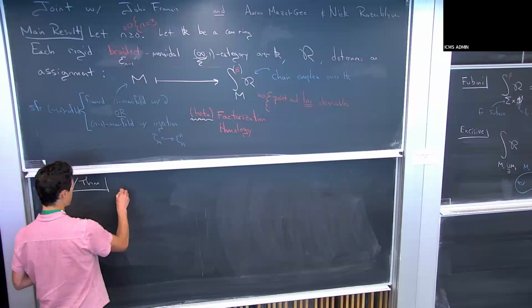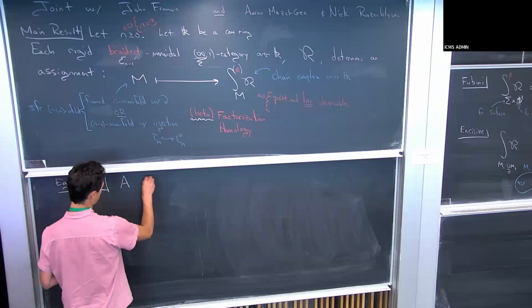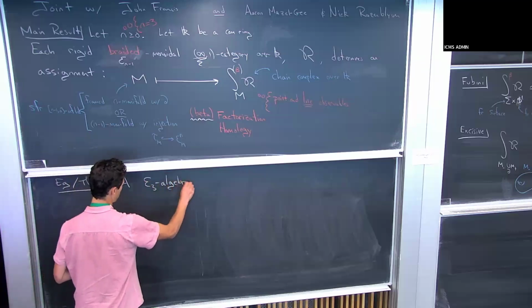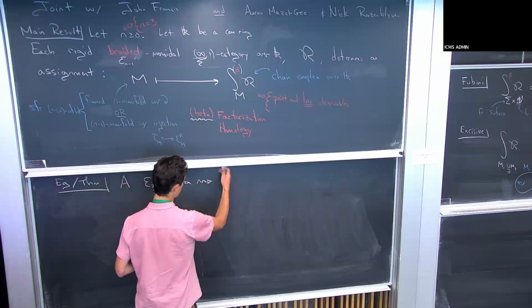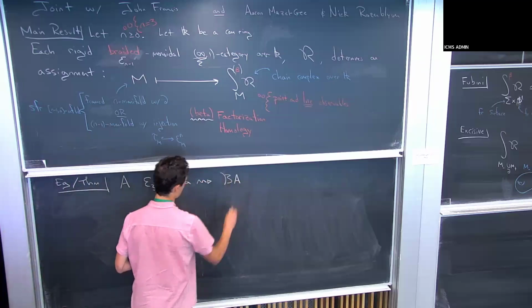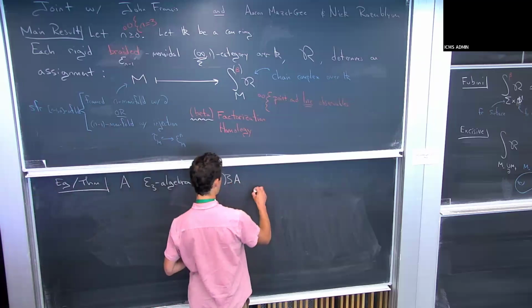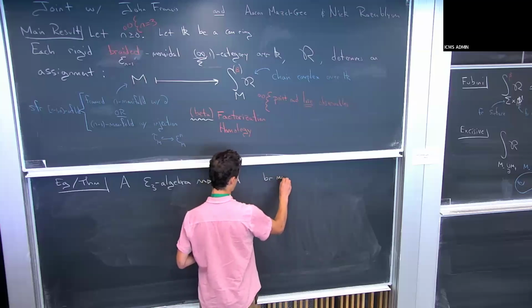We could take A to be an E3 algebra, and given that, one can form its D loop, the type of thing that is in particular a braided monoidal category. This is a braided monoidal category.